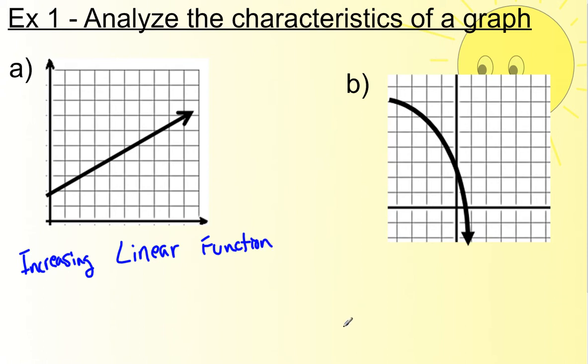Letter B. Now we have this shape. And let's see. So is it a linear function? No, this would be nonlinear. It's not a straight line. It's curved. So we call this nonlinear function.